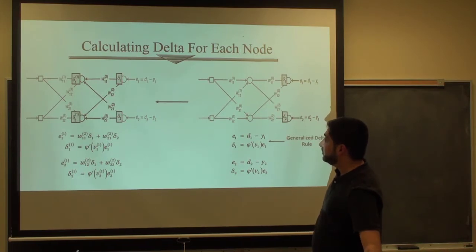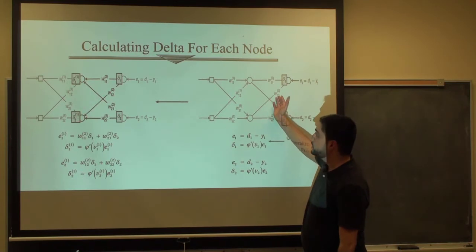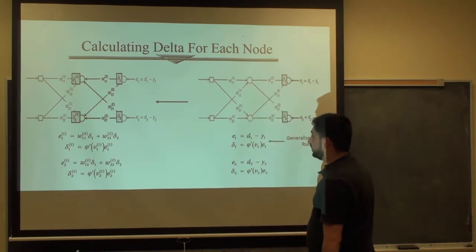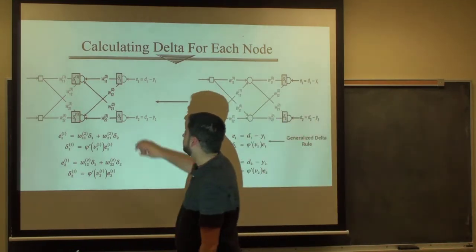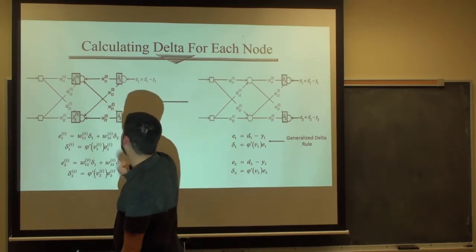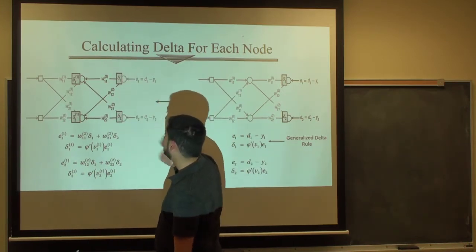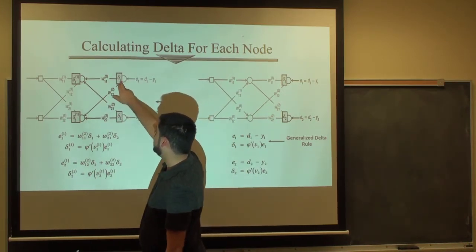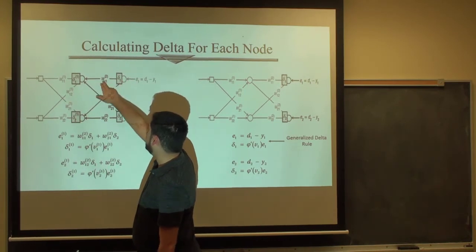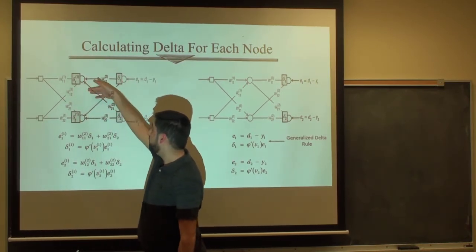Then we do something called backpropagation, where we take the error from here and pass it to the previous nodes. The error here will be affected by this node and this node. So the way we do it, we take the sigma from this node multiplied by this weight, then we take this sigma multiplied by this weight, and we add them together.